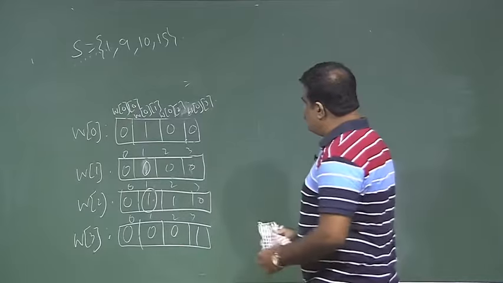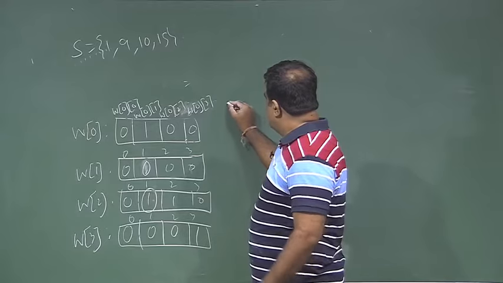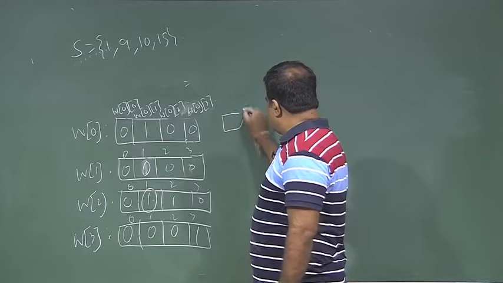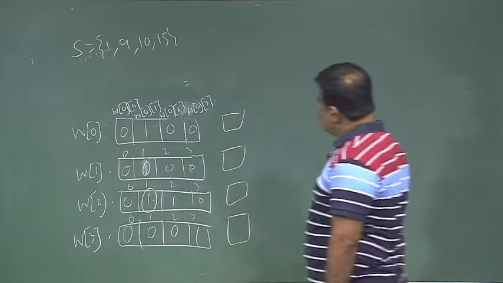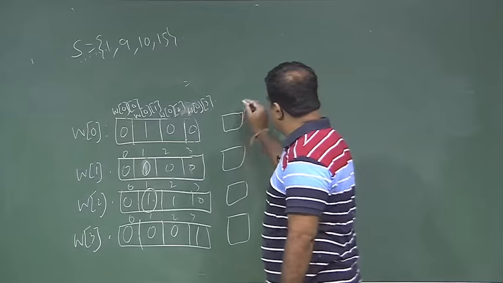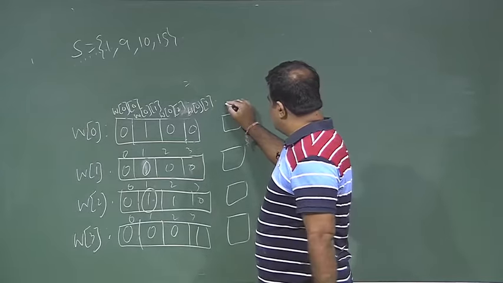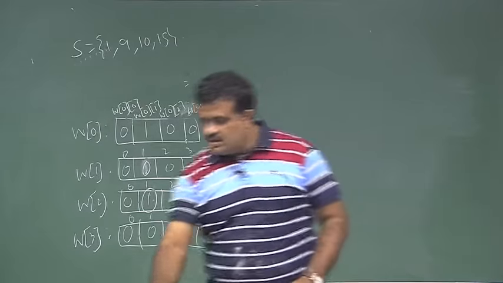So, to do that, we will do some augmentation of the data structure. We just put a single bit of information. This is the augmentation of this data structure. This will be denoted as the summary bit, or the non-empty bit.